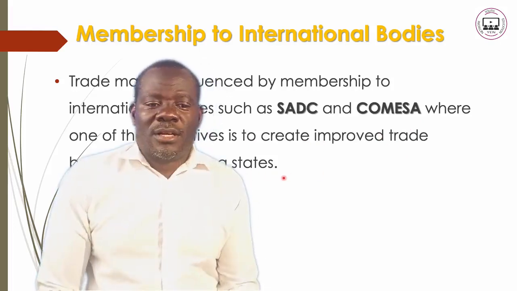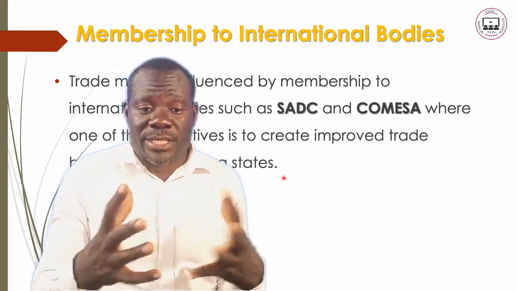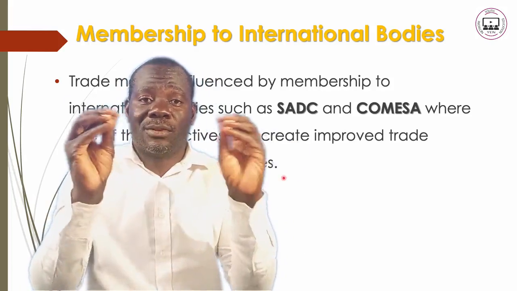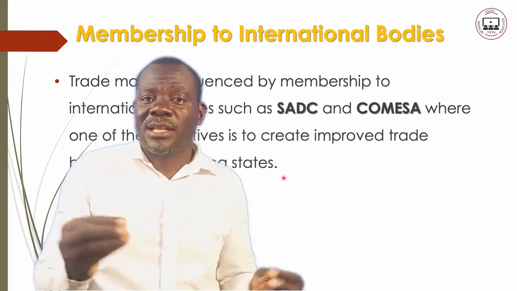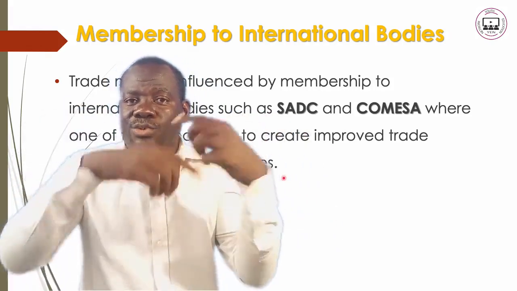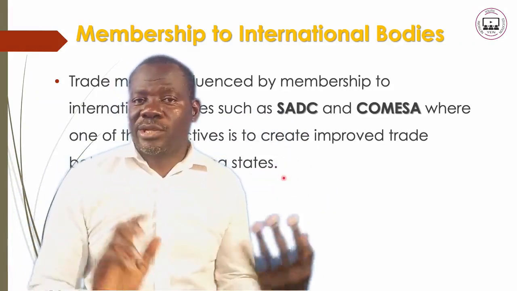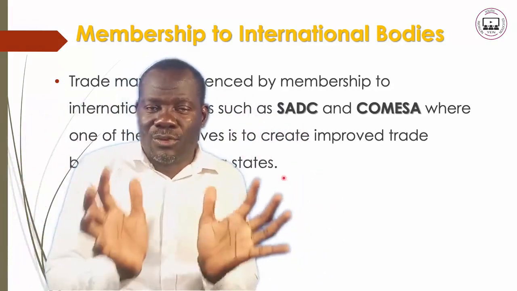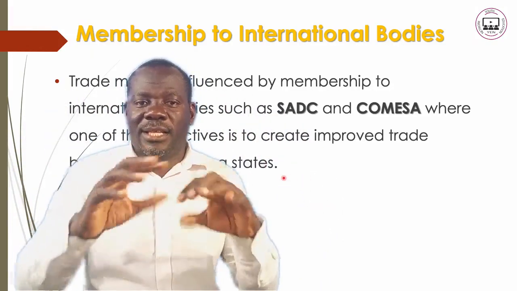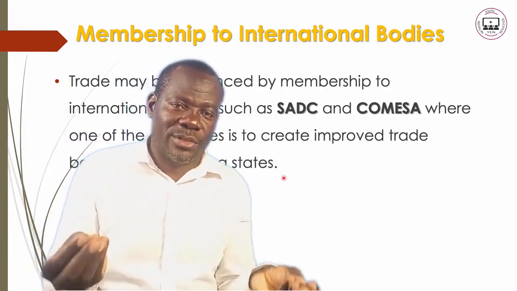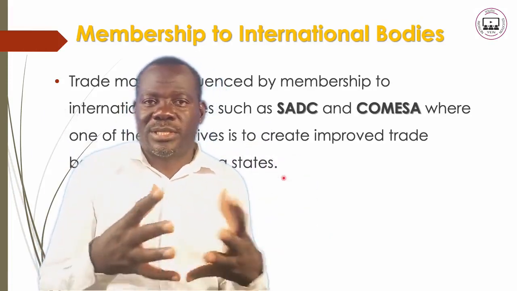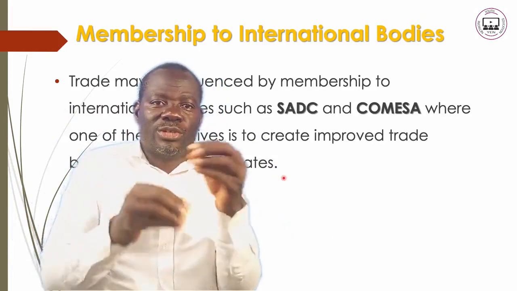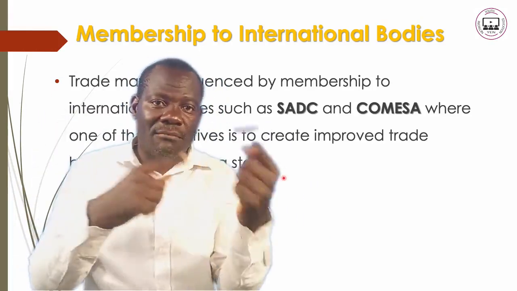So there are those international bodies that a country needs to be a member of. We are taking, for example, here SADC and COMESA, for Southern Africa, or the African Union, the United Nations, all those. So a country needs to be a member there to enjoy the benefits of trade with other member countries.